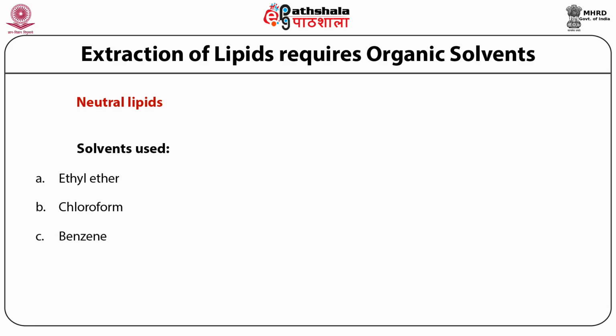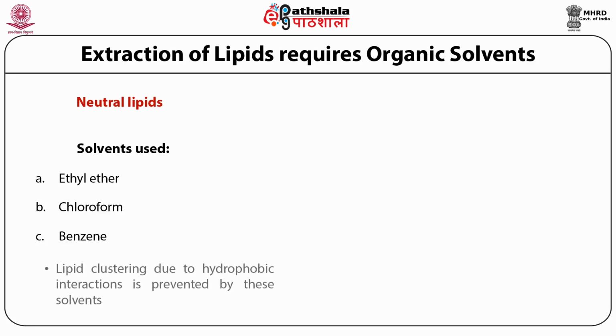These solvents prevent the clustering of lipids, which normally occurs due to hydrophobic interactions between the hydrophobic tails of these lipids. These solvents prevent this lipid clustering and enable the extraction of neutral lipids from a mixture of lipids.